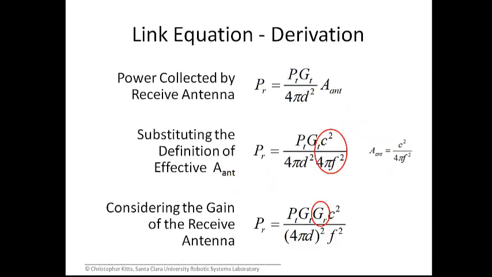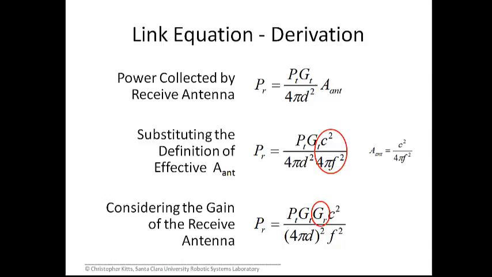And going from the top line to the middle line on this slide, what I'm going to do is find the expression for the effective area of an isotropic antenna. And right now I'm assuming my receive antenna is isotropic. And it turns out that that expression is what you see there at the right, and what I've used to substitute into our main expression.